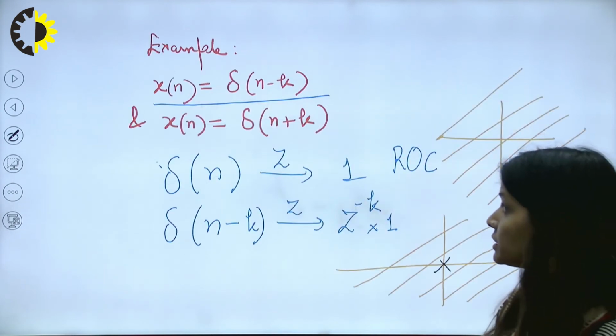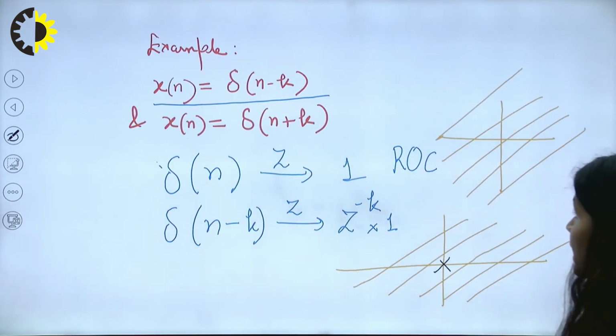Similarly, as in this case, x[n] is equal to delta[n plus k].